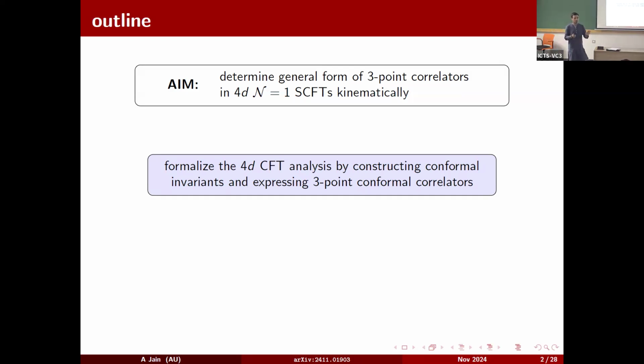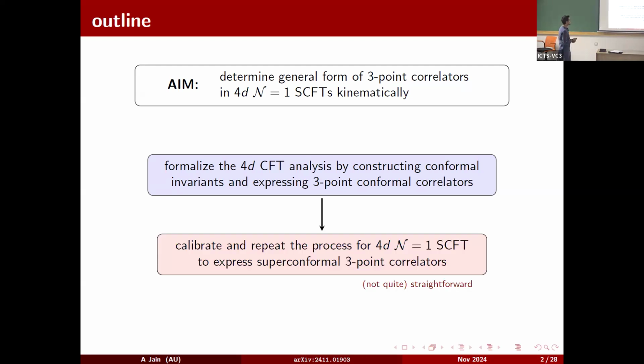This goes back more than a decade, to Giombi, Prakash, and Yin, who constructed an exhaustive list of conformally invariant structures made out of 3 coordinate space points. These can be used to express any general 3-point correlation function. It doesn't have to be a conserved current; it can be a 3-point correlator of any primary operators, of course.